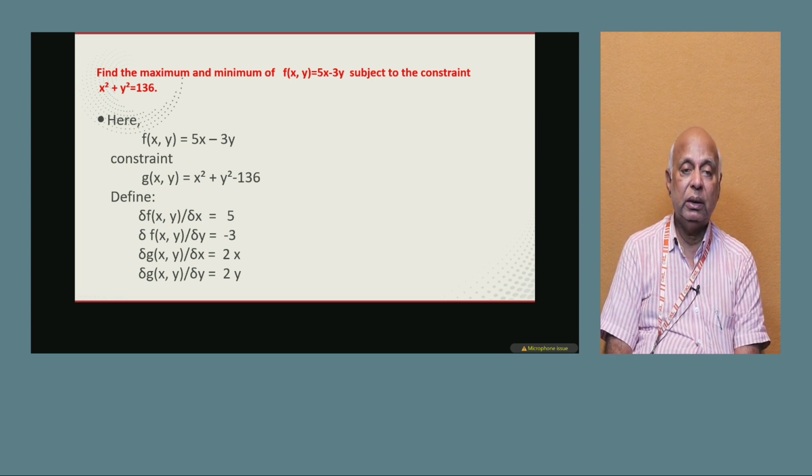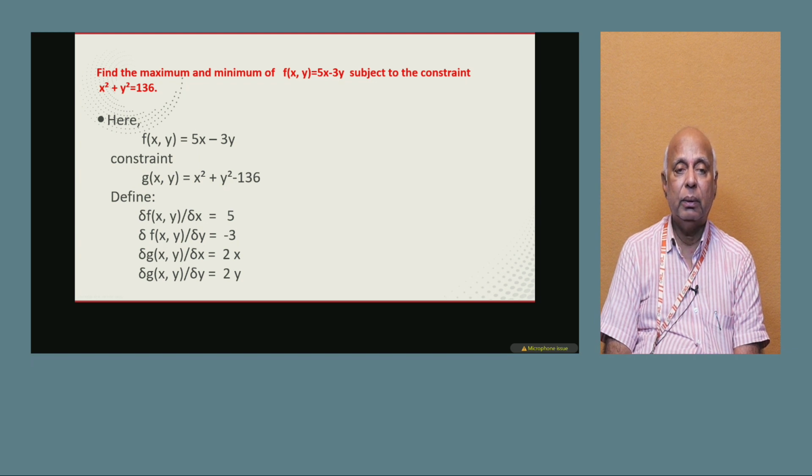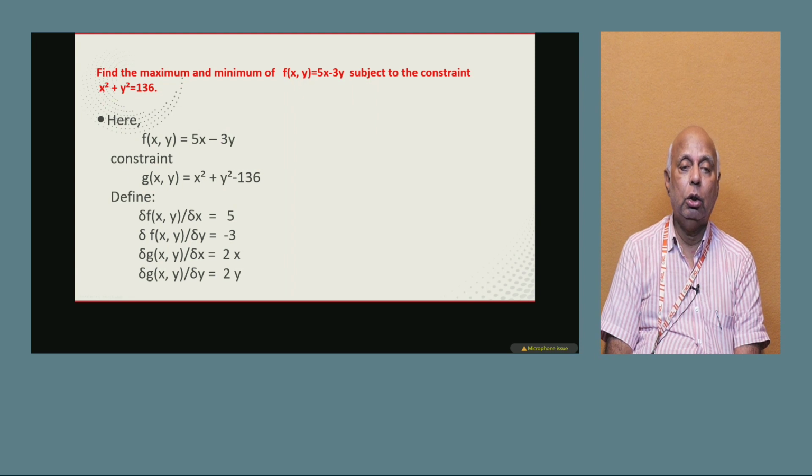The original function is f of x, y equals 5x minus 3y, defined with only two variables x and y. The constraint x square plus y square equals 136 means x square plus y square minus 136 equals 0, which we call g of x, y.